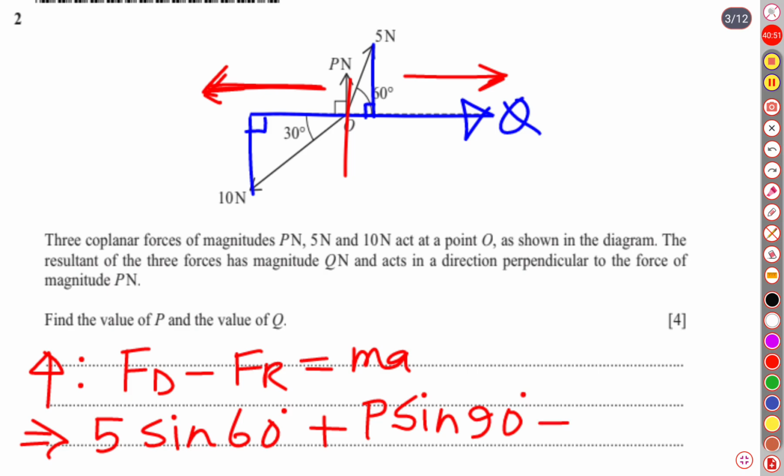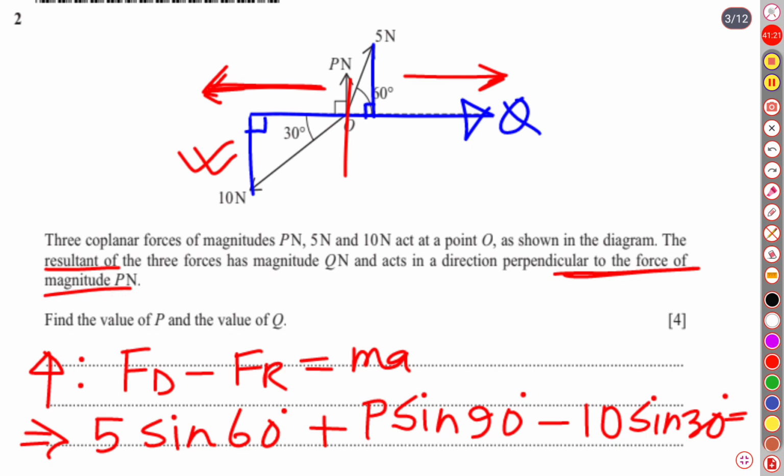For this triangle, our magnitude is 10. So 10 sine 30 degree. As we have already seen, the resultant force is perpendicular to the force of magnitude P. That means it is somewhat horizontal, so the vertical resultant force is 0.